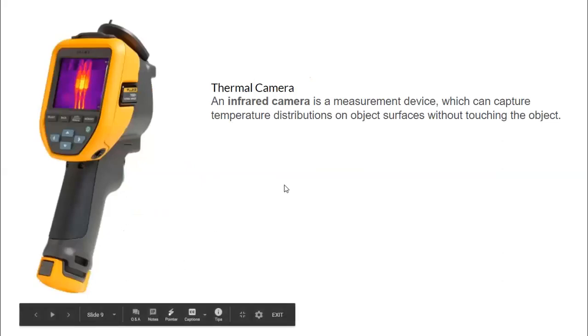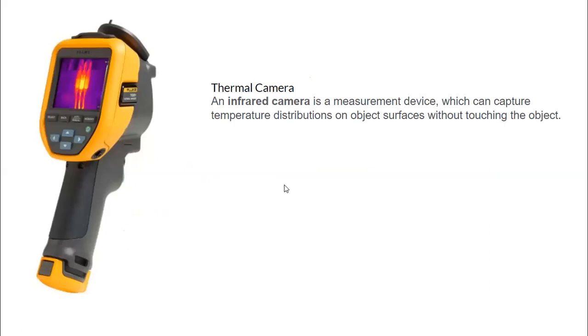A more advanced instrument which would not only capture a particular temperature but the whole temperature profile of the surface, the whole temperature distribution of the surface, is the infrared camera.